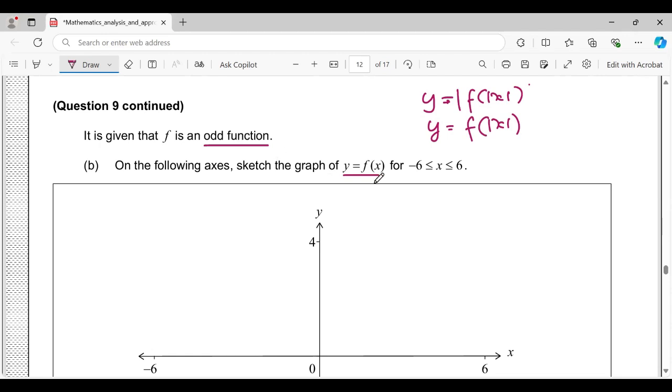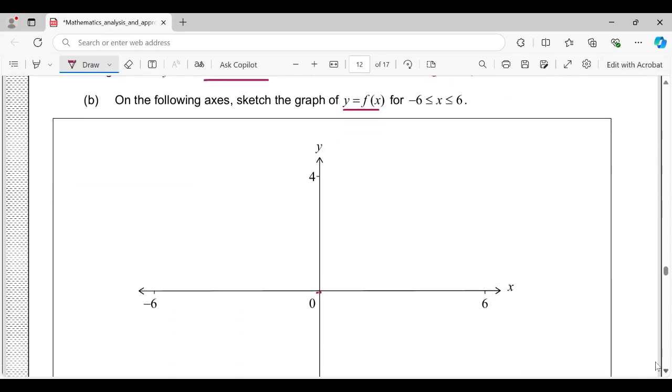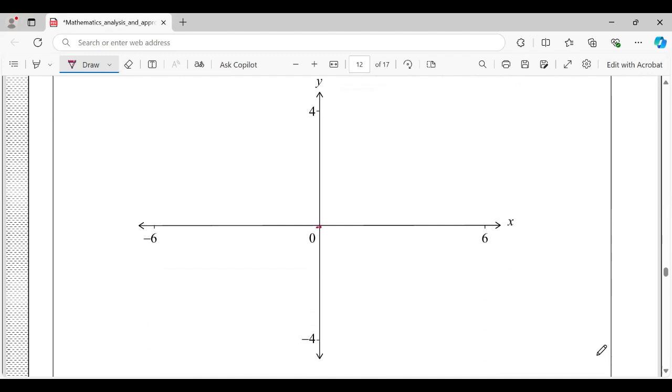An odd function graph has symmetry about the origin. If I sketch the graph, it would be like this. At the right side, the graph will be like this.